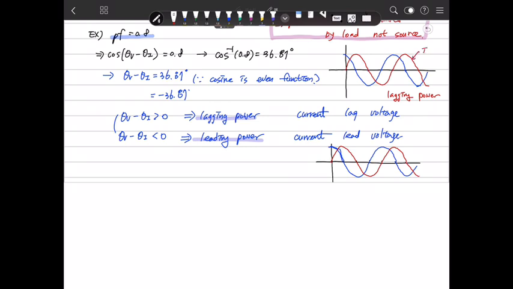This is the voltage, and the current looks like that. This is the current. Then this is leading power.